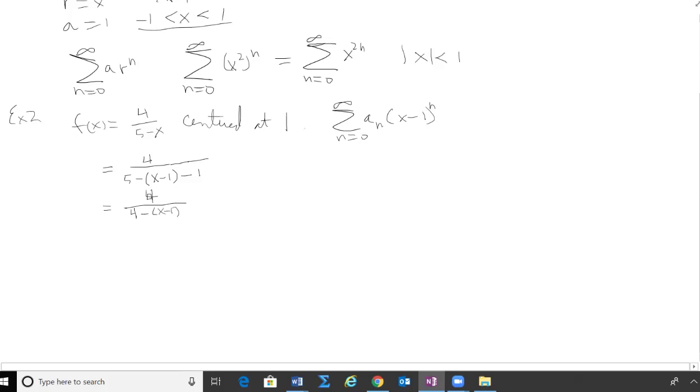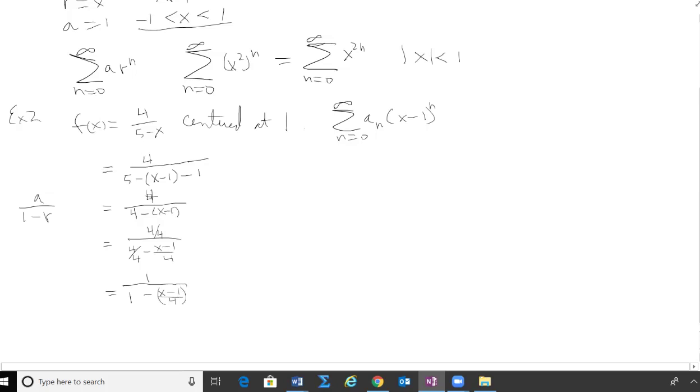All right, so we're almost there, except remember I need this form over here. We've got to keep this in mind. This is what we're trying to form. Right now I'm going to divide everything by 4. I'm showing you lots of detail here. That's the same thing as 1 over 1 minus x minus 1 over 4.